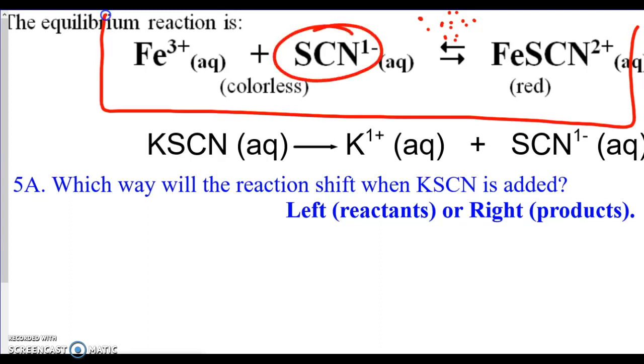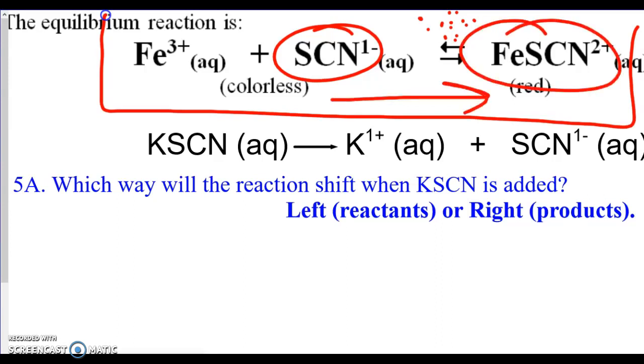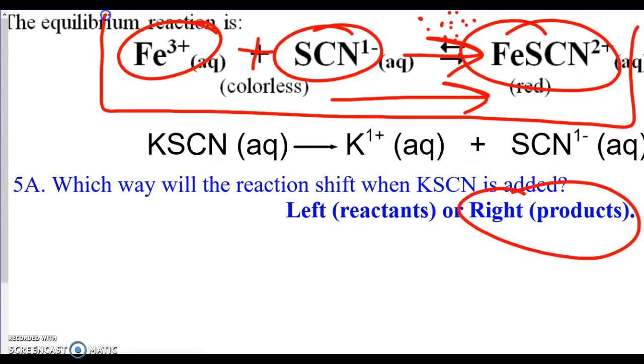So the stress is SCN- is going up. So the reaction should shift to get rid of that SCN-. To get rid of it, we have to produce more of this chemical. So this reaction is going to have this plus this react, and we're going to make more of this FeSCN2+. So it would shift to the right.